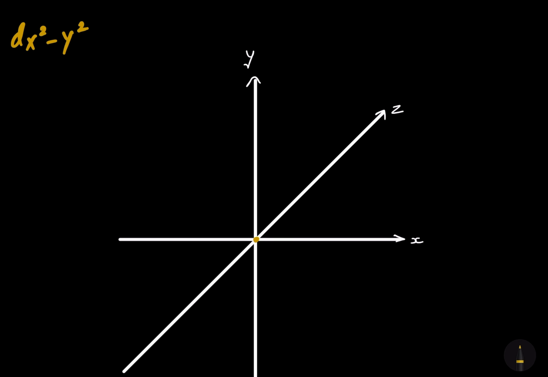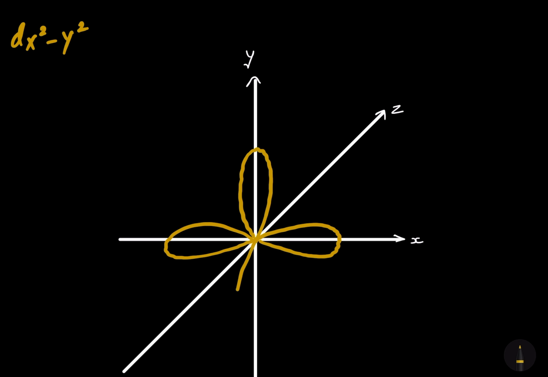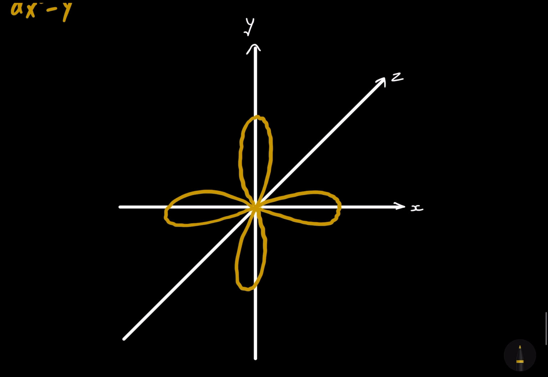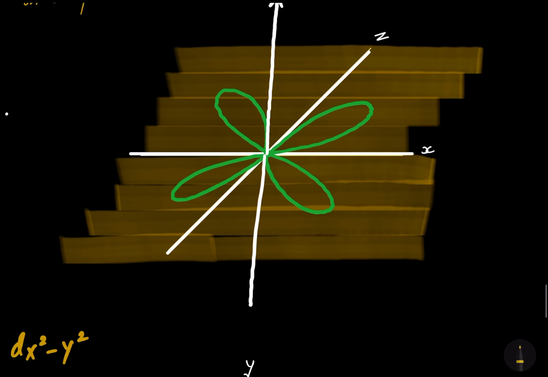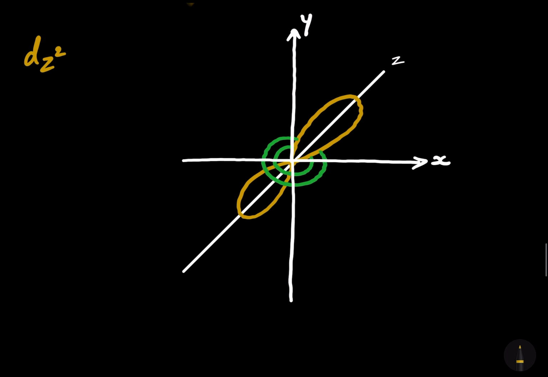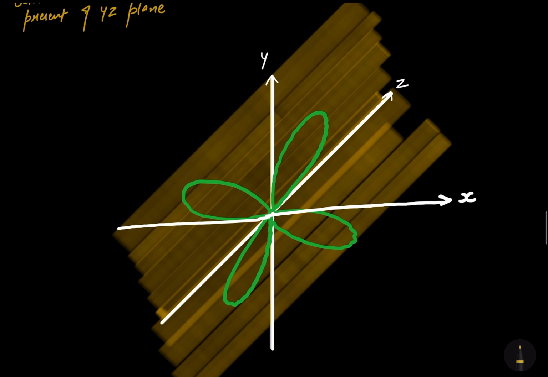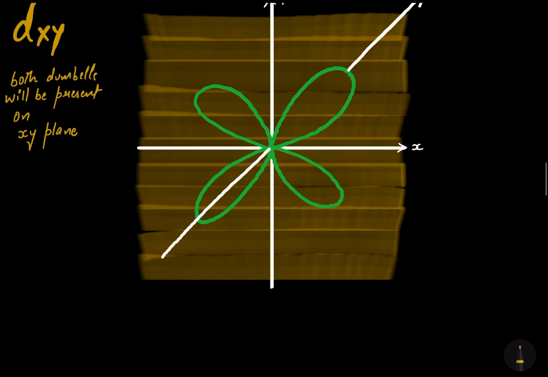The first dumbbell is on x-axis and the another dumbbell is on the y-axis. That's dx square minus y square. So these are the shapes of all the orbitals that we have evaluated from the magnetic quantum number.